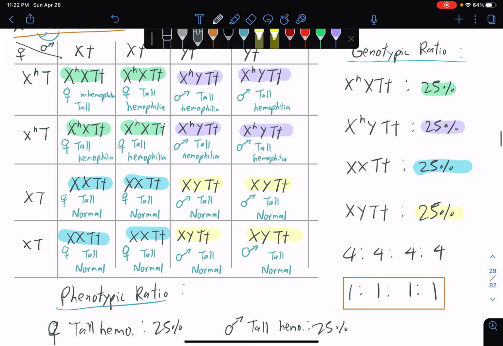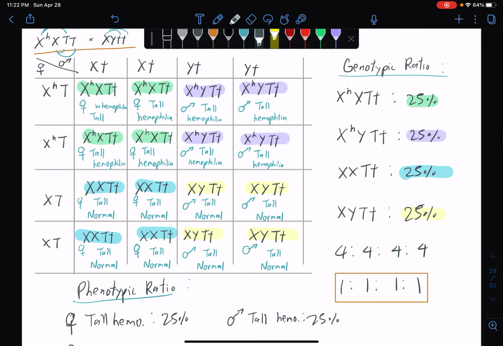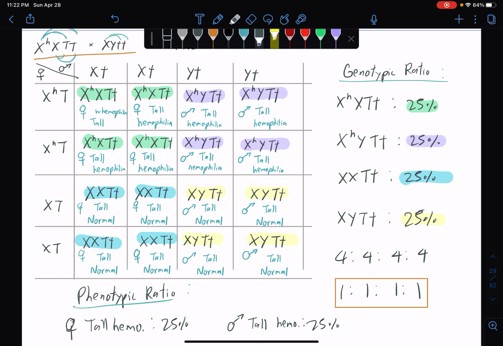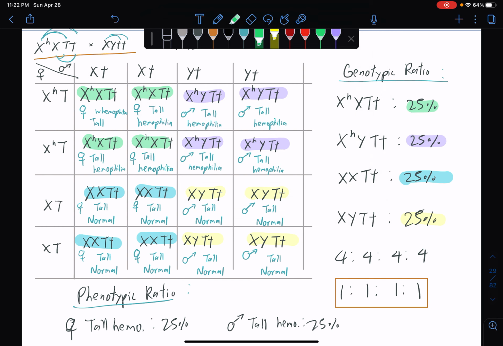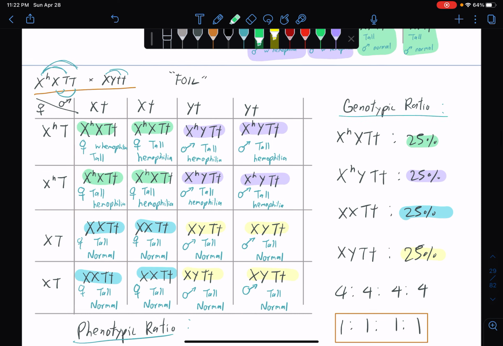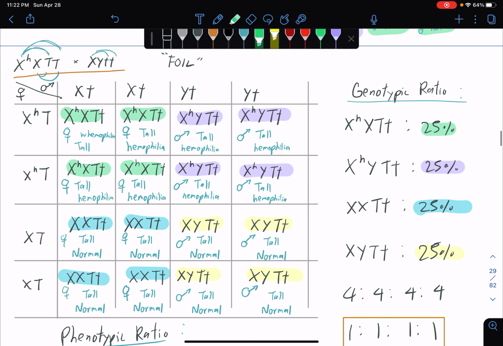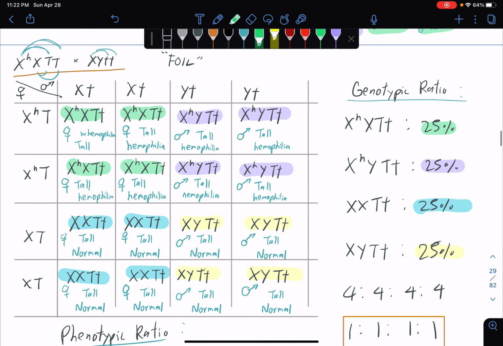You might ask why I didn't highlight the genotypic and the phenotypic ratios if the findings are essentially going to be the same. I could have just highlighted this entire thing instead of just this. This is just to be safe, because this kind of scenario doesn't apply all the time.